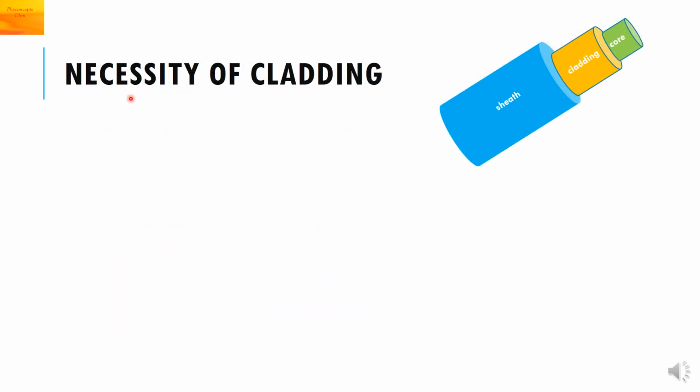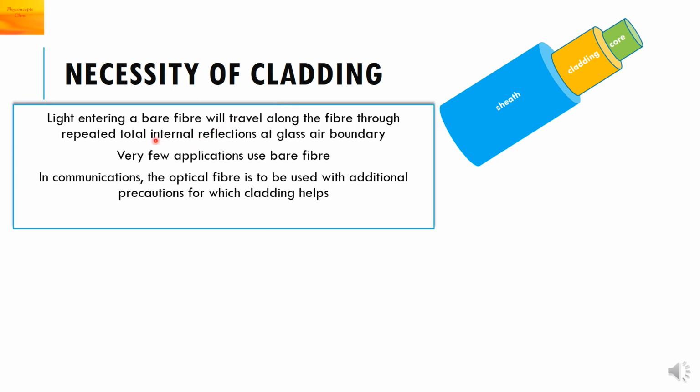What is the necessity of a cladding? If you don't have the cladding, that means it is a bare fiber. We have just only the core. Then the light entering a bare fiber will travel along the fiber through repeated total internal reflections at the glass air boundary.